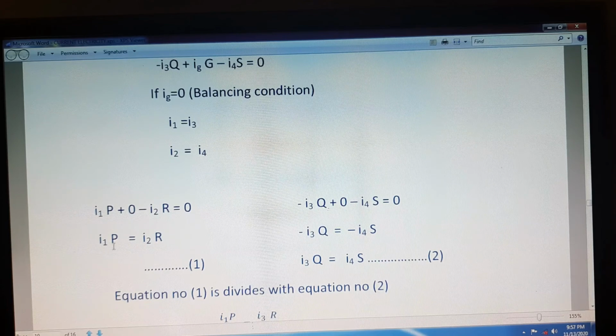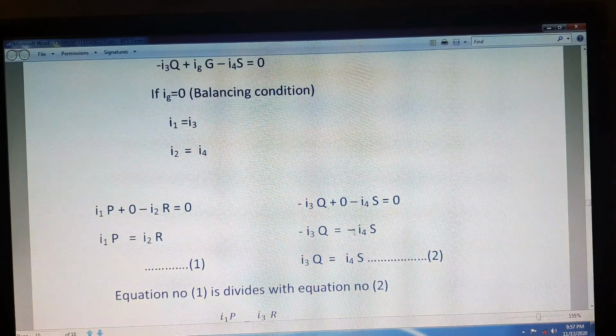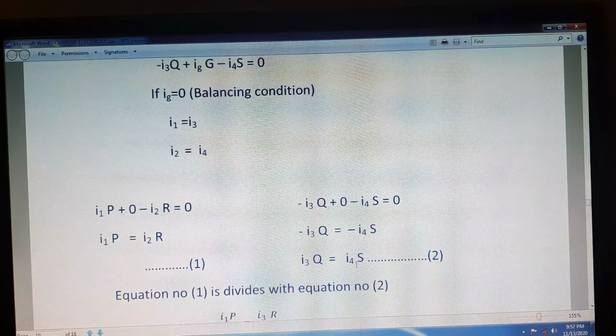So I1P is equal to I2R. In the second equation, minus I3Q plus 0 plus I4S is equal to 0, so minus I3Q is equal to minus I4S, the minus signs cancel, so I3Q is equal to I4S.